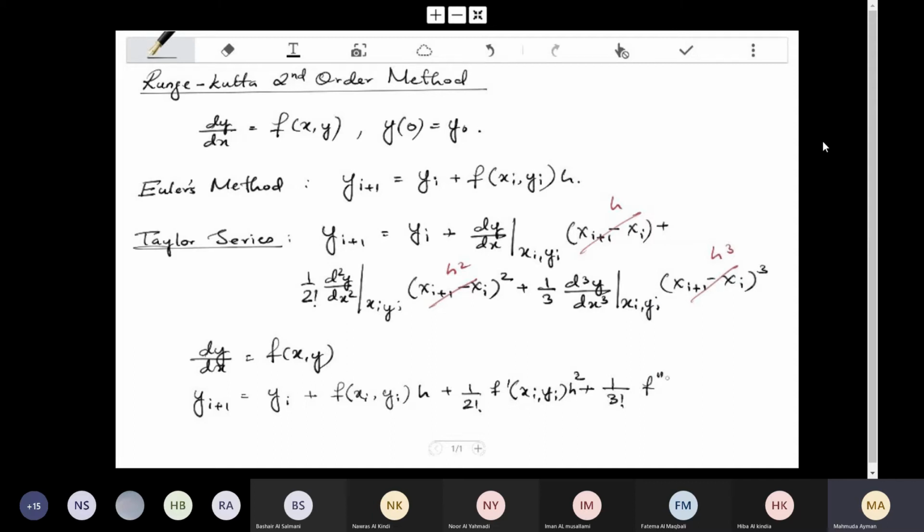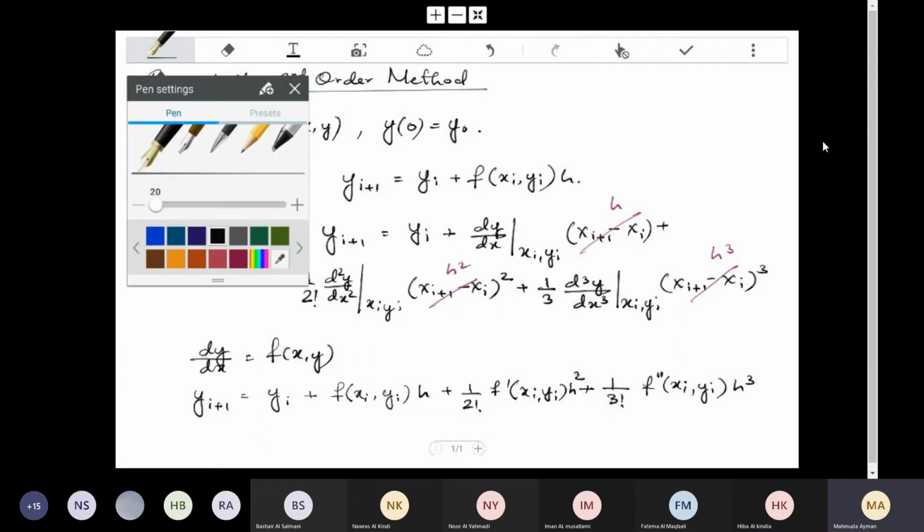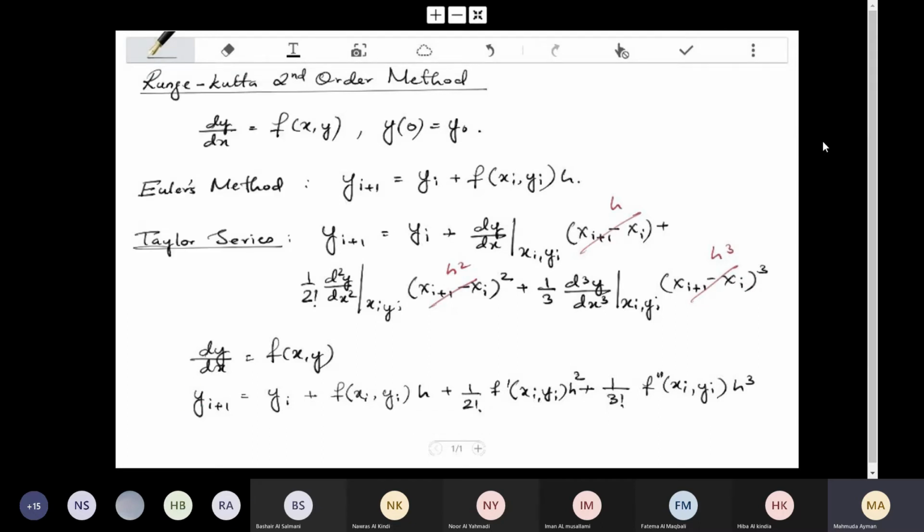Then we have f double prime of x i, y i times h cubed. So that's how the Taylor series expansion looks now. And you can see that if you take the first two terms of this expansion, this is Euler's method, right? So this here is Euler's method.